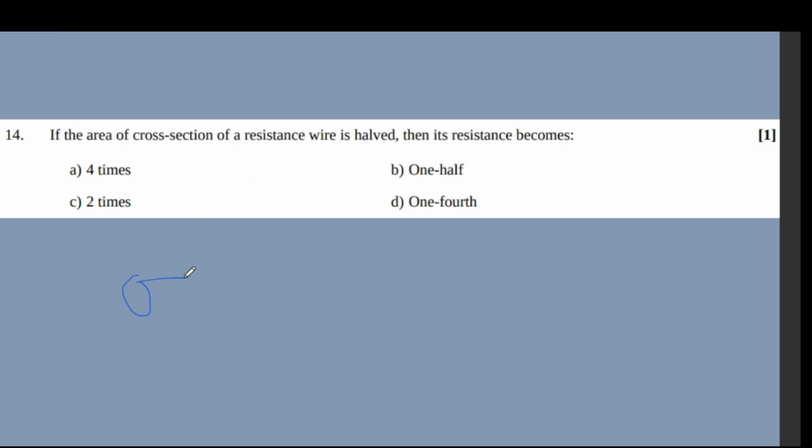If we have a wire of a certain area of cross section, then the resistance will be less. But if we have the same wire with less area of cross section, the resistance will be more. So in case we are making the area of cross section halved, which means we are dividing it by 2, then the resistance will multiply by 2. It is simple. Now next.